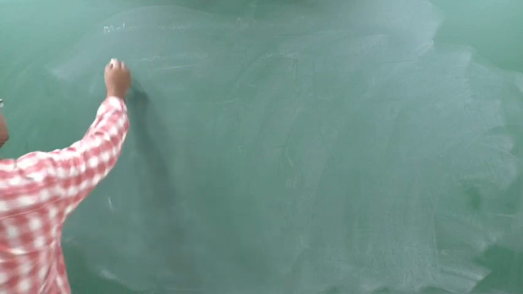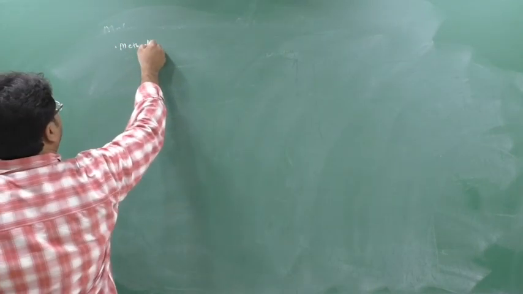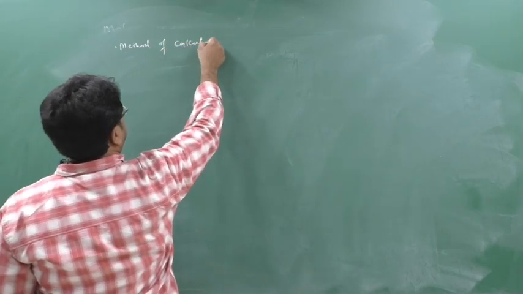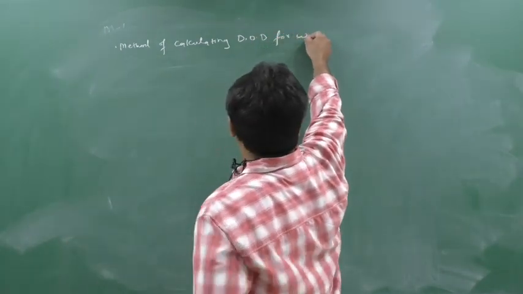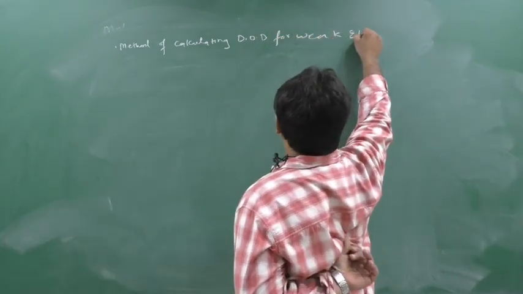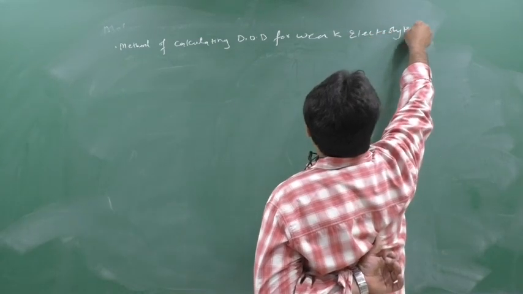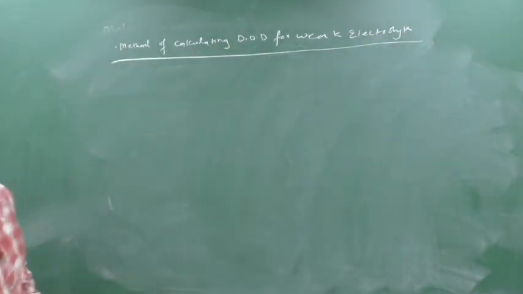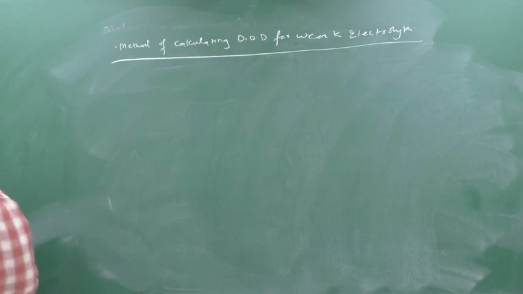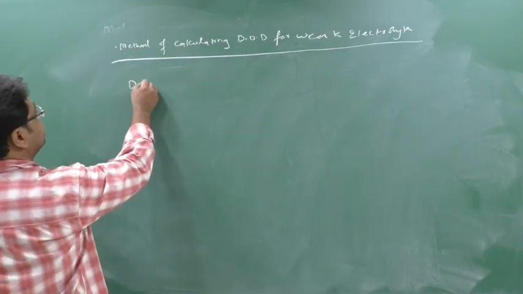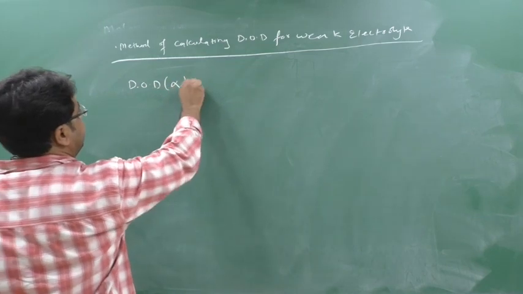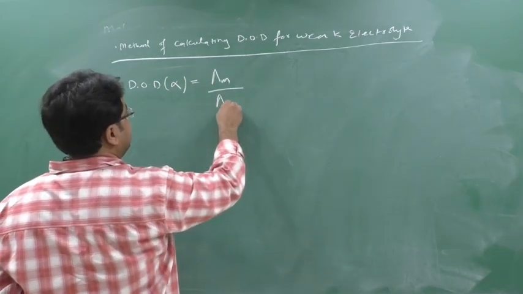Okay, so you can write down the method of calculating degree of dissociation for a weak electrolyte by using conductivity K. We will solve one problem also based on this. So write down that the degree of dissociation is indicated as alpha, and the formula is lambda m by lambda m naught. Please remember this.